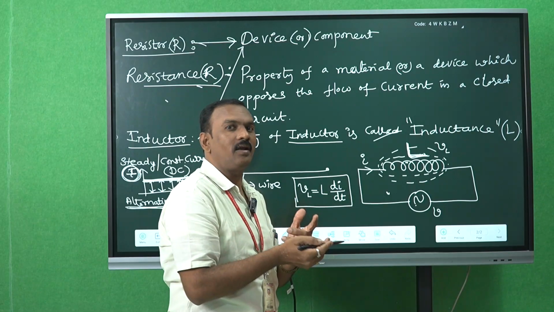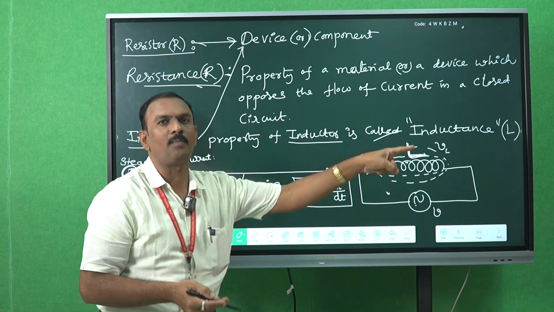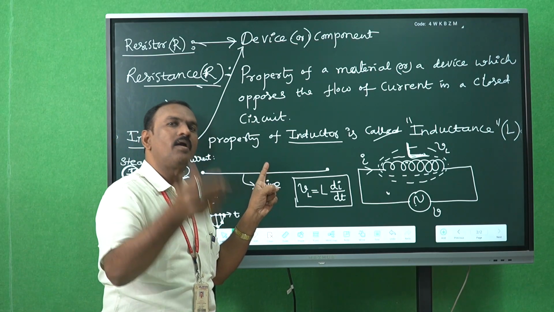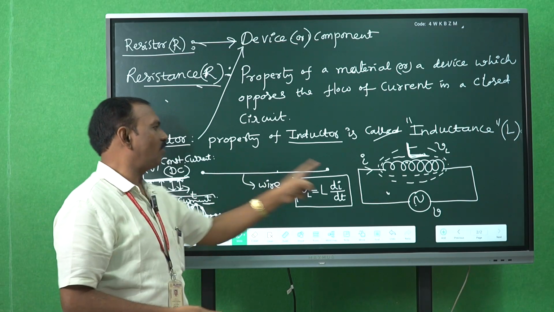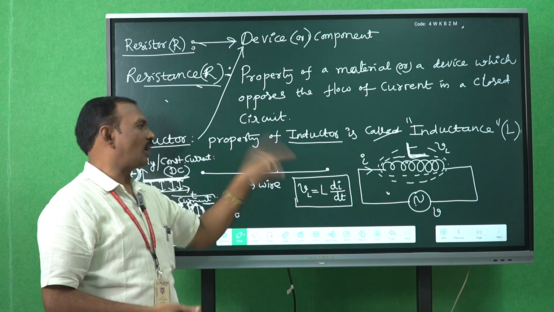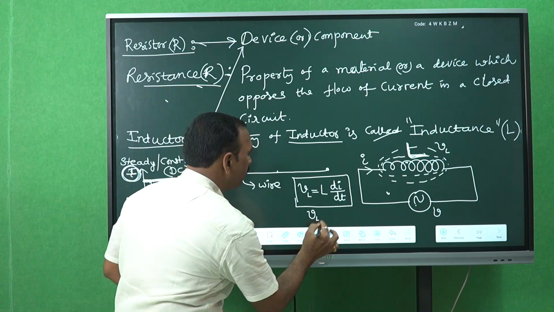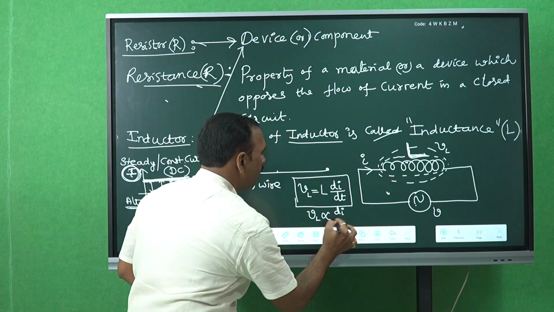Why is it constant? An inductor is made up of a certain length of wire twisted into a coil shape. The wire is made of either aluminum or copper, so the material is constant. The length of the wire is also constant. So that's why L is constant. If L is constant, the induced EMF VL across the inductor is proportional to di by dt.